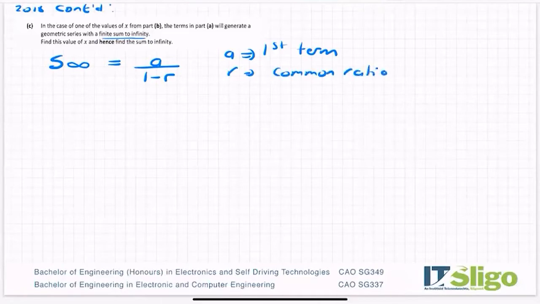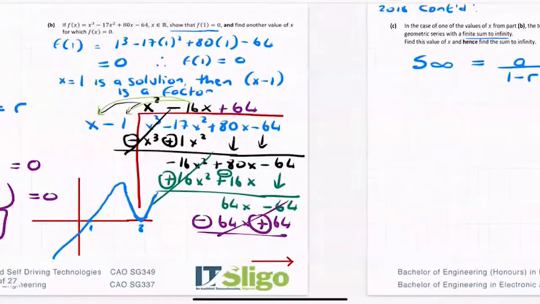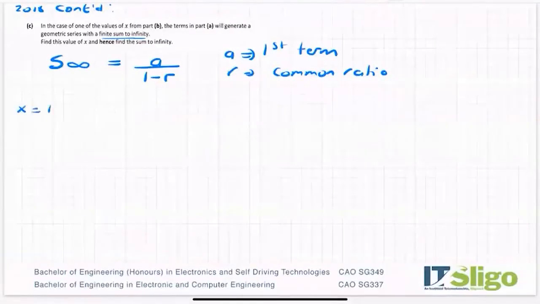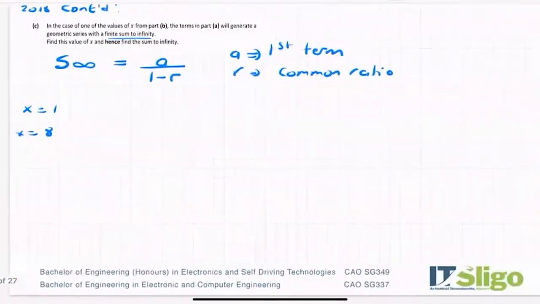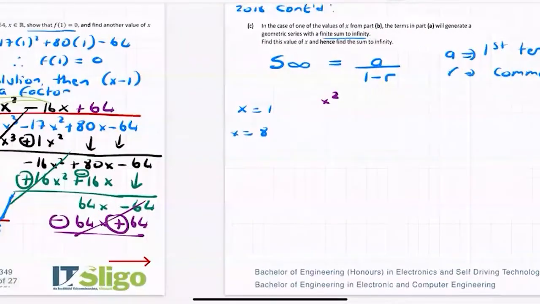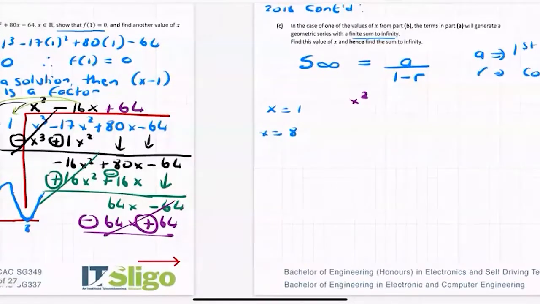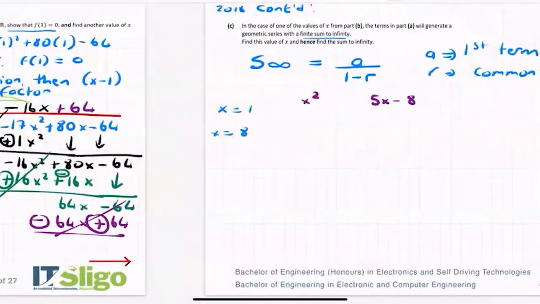So what's it saying? In the case of one of the values of x from part B, so I have 1 and 8 as my x values, the terms in part A will generate a geometric series with a sum to infinity. So I had x squared, I had 5x minus 8, and I had x plus 8.